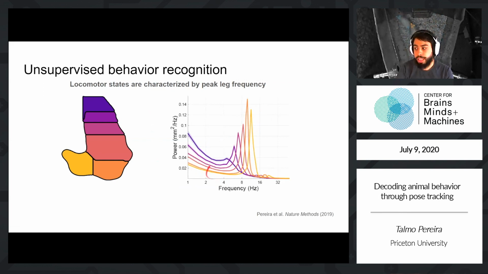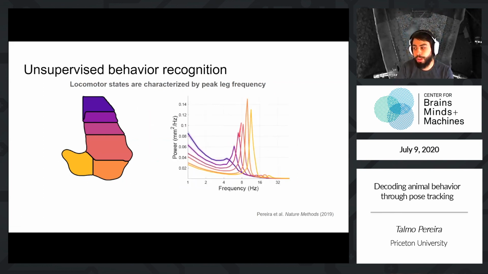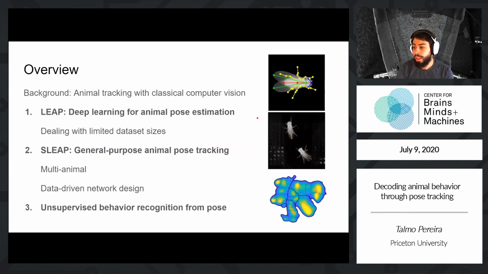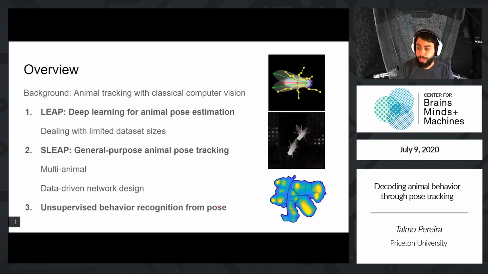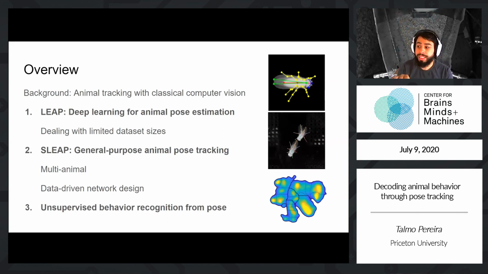And so they're somewhat continuous, something that we could not distinguish before when we just looked at the forward centroid velocity. Now we have a very specific description of how that forward velocity is induced through how those legs are moving. So great, we've discovered some behaviors without any supervision, directly just from the posture dynamics.